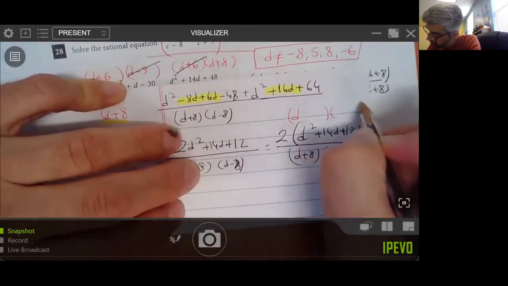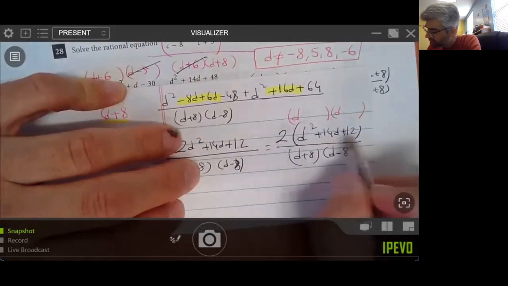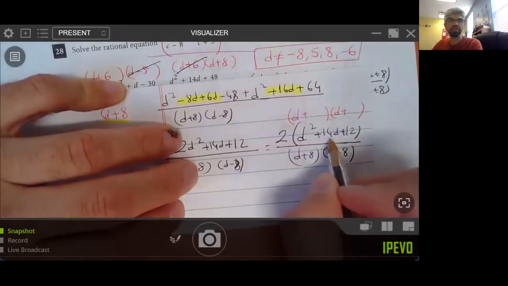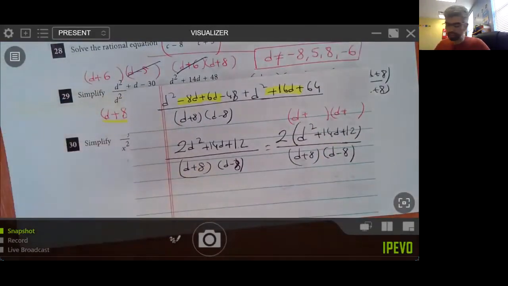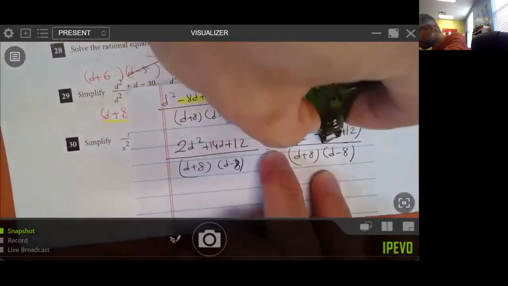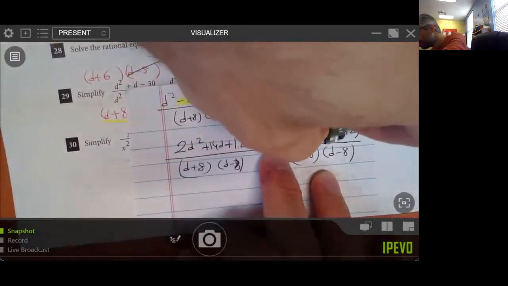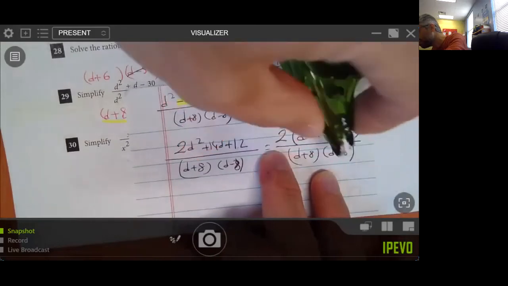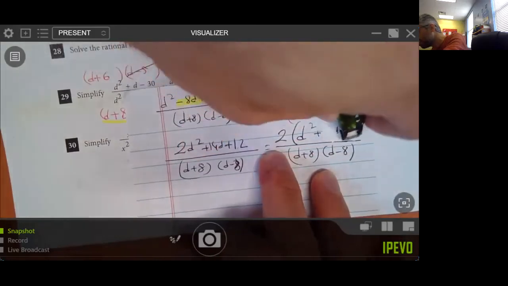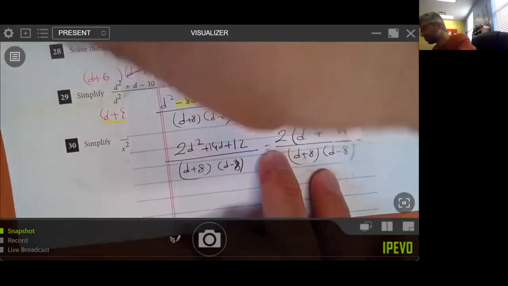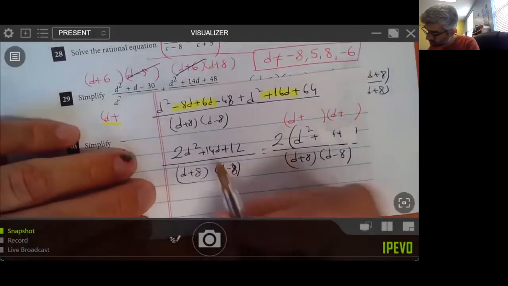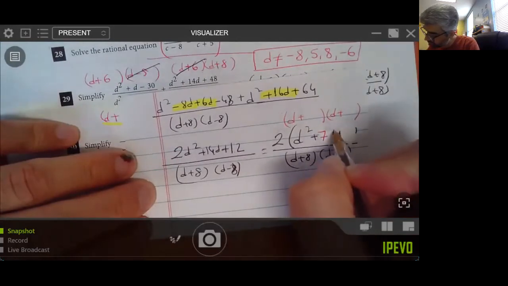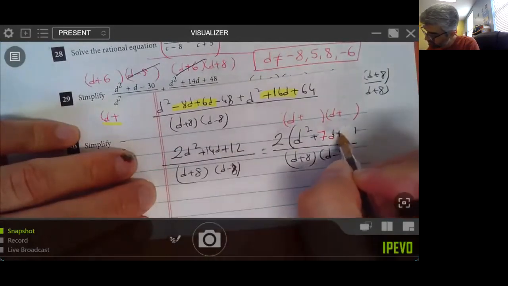D plus 12 and 14. 14, what did I do, guys. If it is 2, it should be 7D, and it should be plus 6.